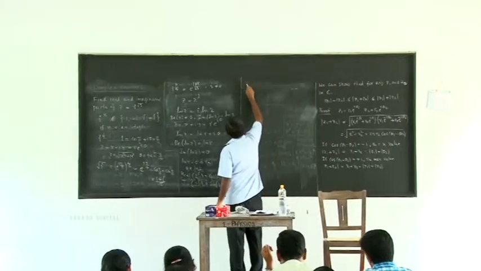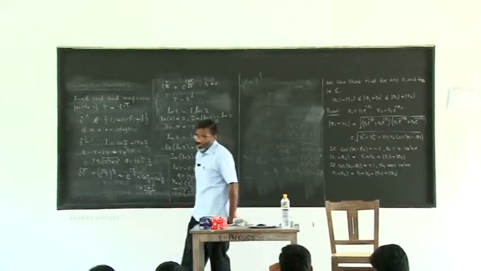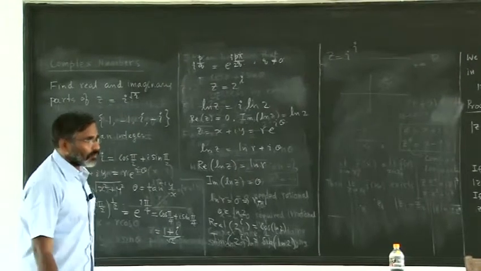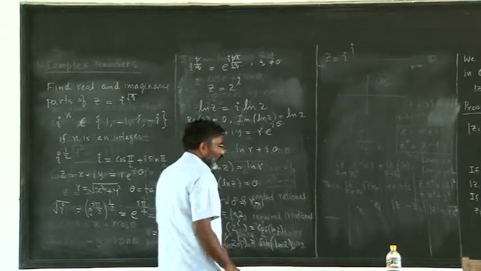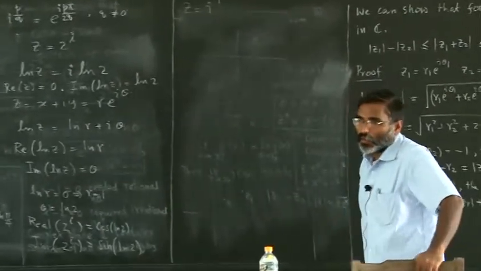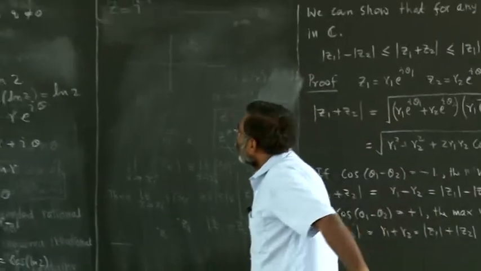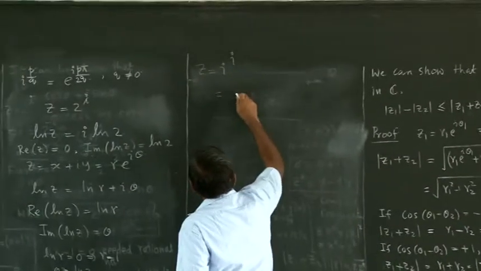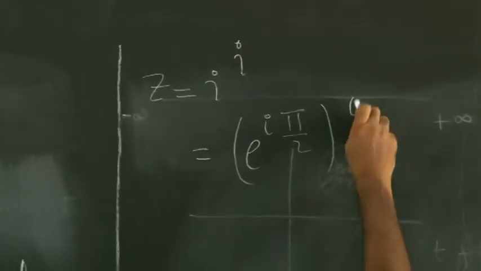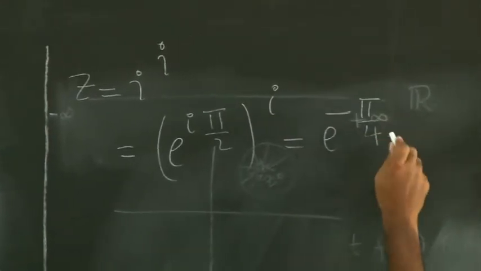Now what happens if Z is equal to I to the power I? I to the power I. What is the real part? So you write I as e power I pi by 2, to the power I, which is equal to e to the minus pi by 2.